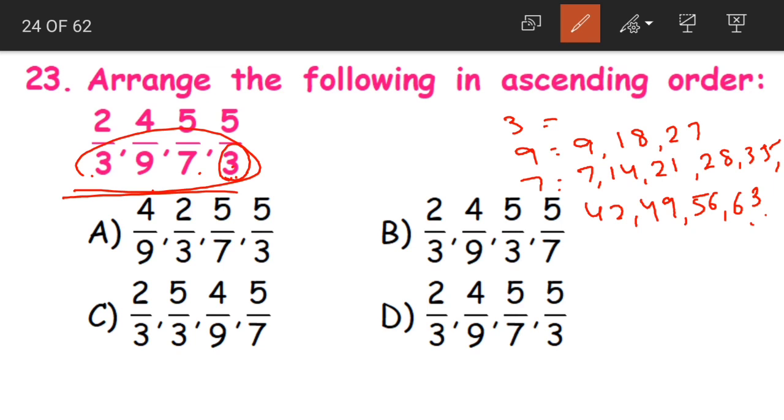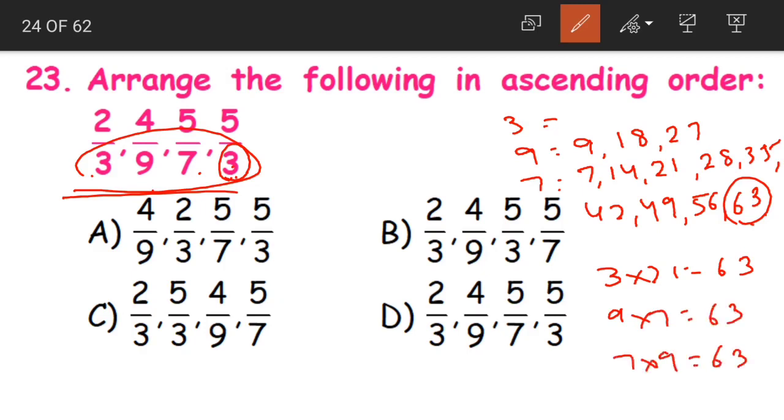I think 63 will be our least common multiple. See, 3 21s are 63, 9 7s are 63, and 7 9s are 63. So 63 becomes our least common multiple here.